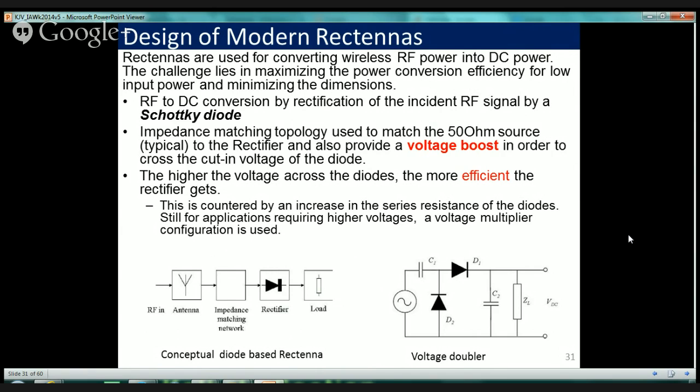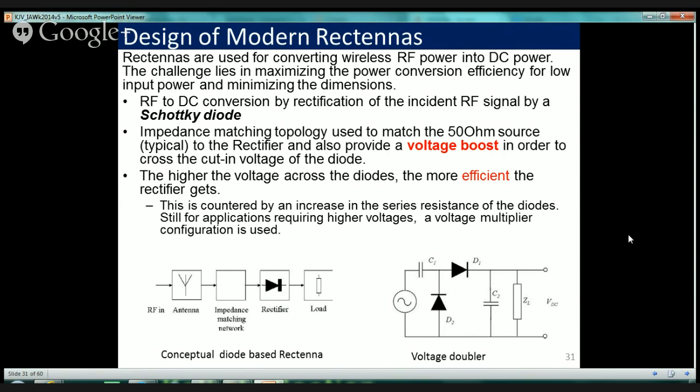So what we need is an impedance matching scheme in between, which would transform the antenna impedance to what you see on the other side. That is one of the major challenges in the overall design of the rectifying circuits.